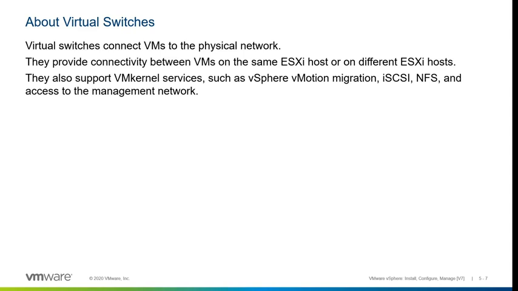This is the VM kernel, so ESXi, connectivity to other ESXi hosts for things like vMotion, iSCSI, NFS, management, and so on, right? So virtual switches are critical components of your vSphere infrastructure.